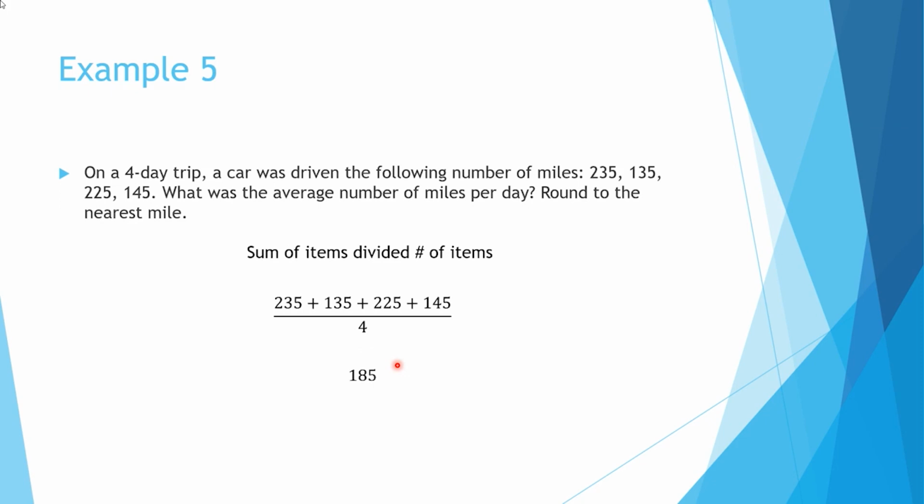And you get 185. And you expect this to be somewhere in between the lowest value and the highest value. So keep that in mind when you're working these out.